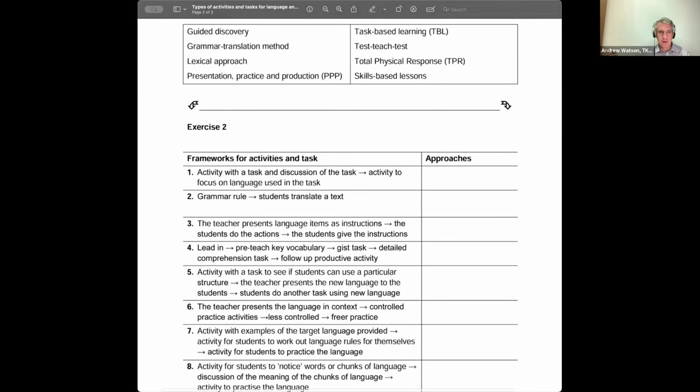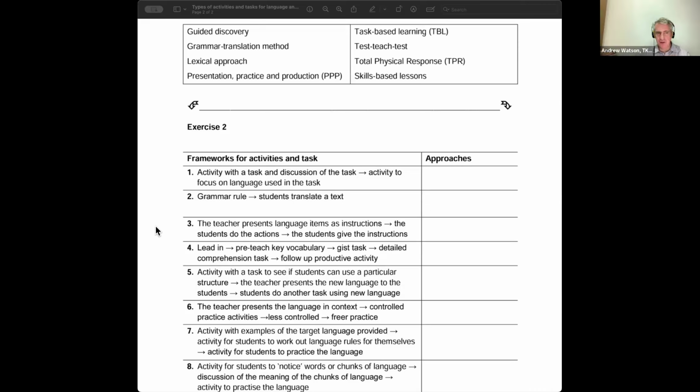What about number 1? What might that be? Which approach might that be? Activity with a task. Task-based learning. That would be task-based learning, yeah.